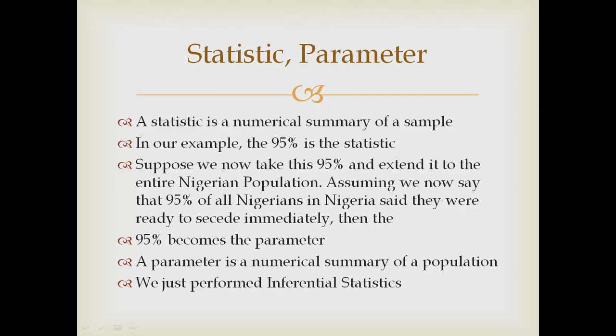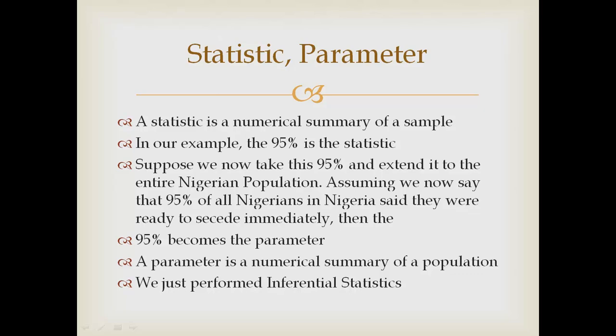You're extending it to say that 95% of all Nigerians in Nigeria said they were ready to secede immediately. So you're getting information from the sample and extending it to the population. Then that 95% becomes the parameter, and this is what we call inferential statistics.